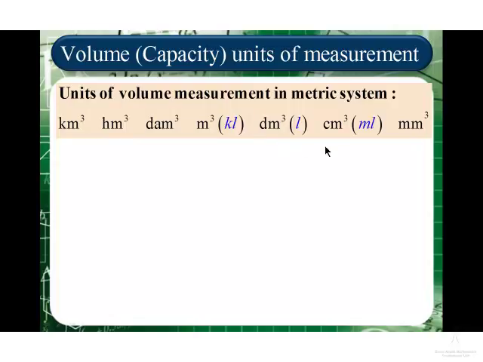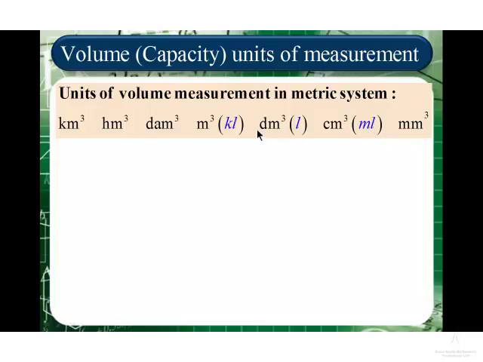Now the capacity that corresponds, for example, to a cubic centimeter, or centimeter cubed, will be the milliliter. So if we have, for example, 1 cubic centimeter occupied by a liquid, whether it's water or something else, then we say we have 1 milliliter of this liquid.